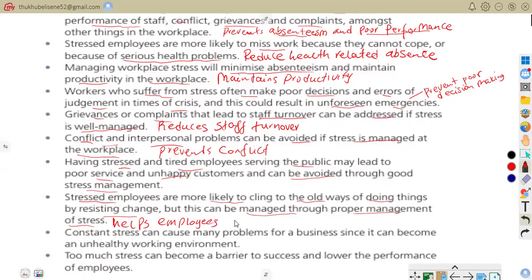If stress is properly managed, this is going to help employees to adapt to change. They are not going to resist change. Less stress makes change easier to accept. Hope you're together, good people.